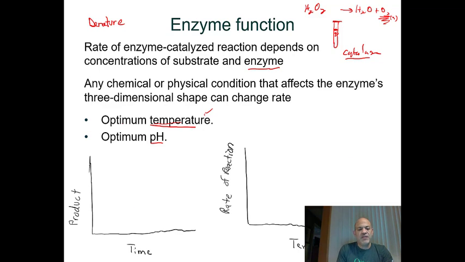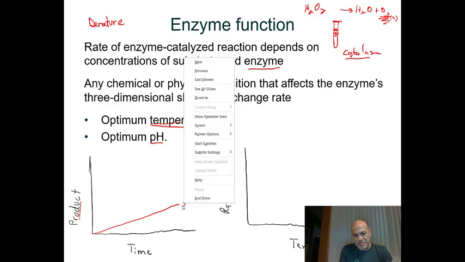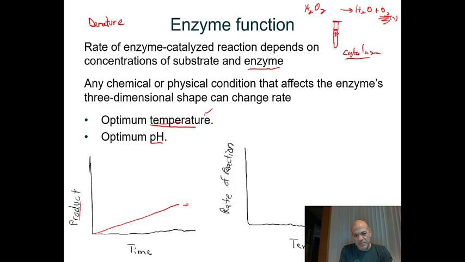But let's say that we start at, say, 10 degrees Celsius, or even near freezing, 0 degrees Celsius. And your product, in this case the oxygen gas, how much is produced? I'm just going to write product in general. And over time, you're going to get more and more product. So we get a line that looks like this. So let's say that's at 20 degrees Celsius.